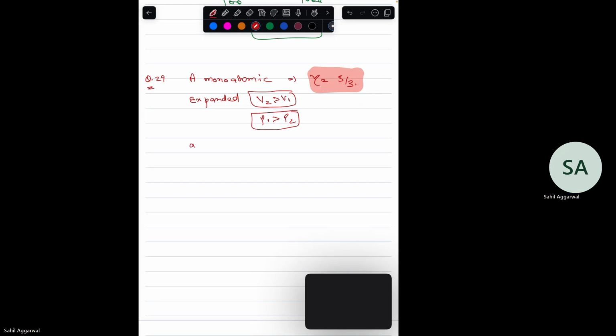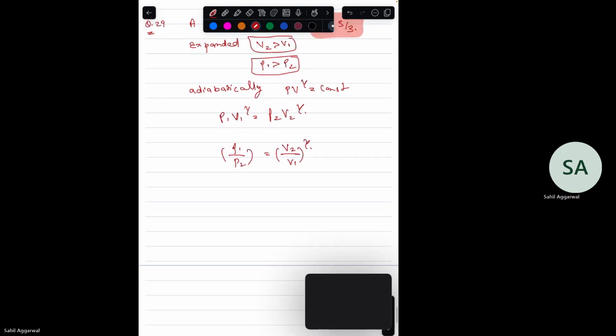It says adiabatically, so if it says adiabatic, we will apply PV to the power gamma is equal to constant. That means P1 V1 gamma is equal to P2 V2 power gamma. That means P1 by P2 is equal to V2 by V1 to the power gamma. Now P1 is given as 10 atmosphere.